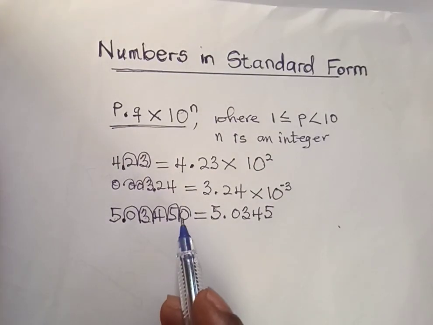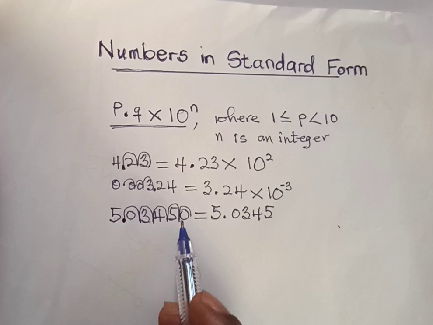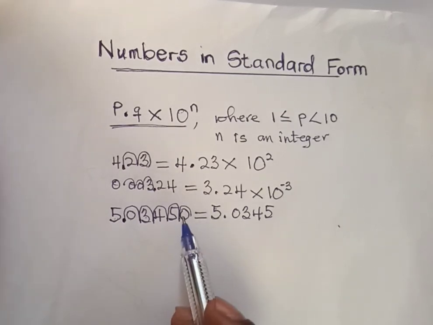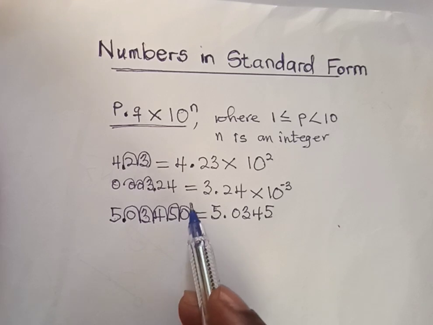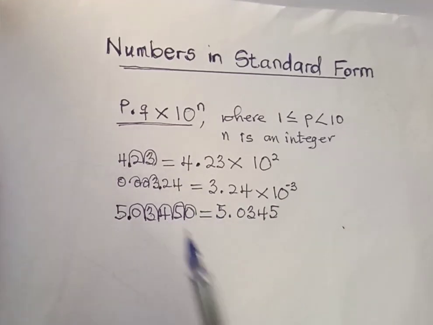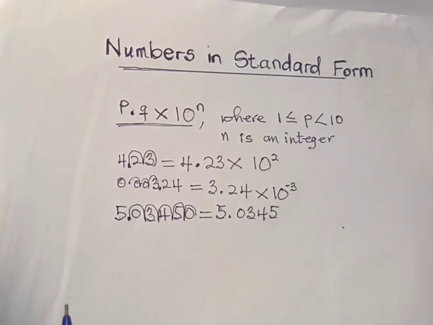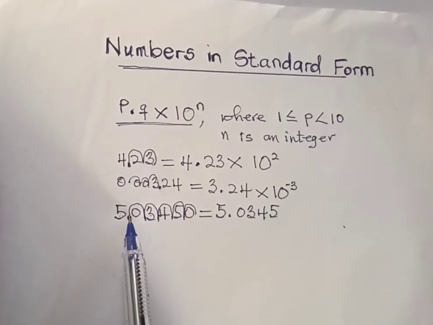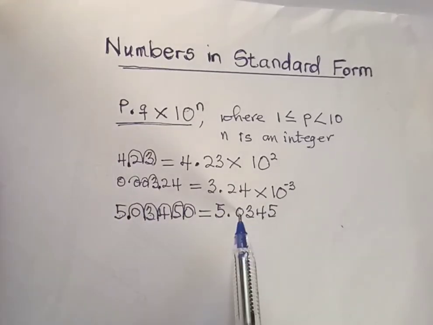Are we supposed to add this 0? No, we can choose to ignore it. Have you gotten that? Whenever there's a 0 which is not between two numbers, we ignore them. But when the 0 comes between two numbers, we repeat that 0. That's why here you see that the 0 is between 5 and 3. So I brought the 0.